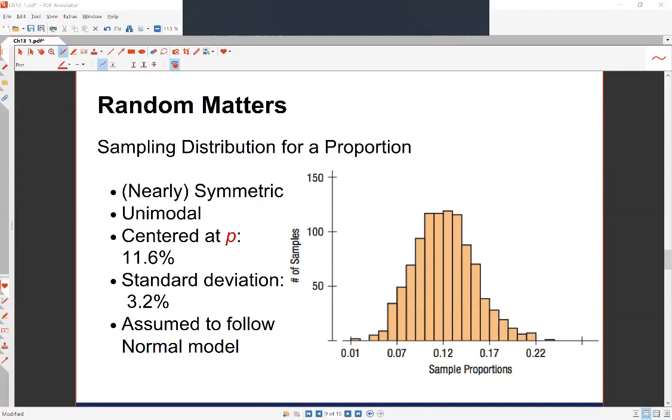This histogram here is very nearly centered at that 11.6%. We can also calculate the standard deviation, and in this specific example, the standard deviation is 3.2%. Now, the assumption that we are going to make when working with the sample proportion going forward is we will assume that a normal distribution is a reasonable assumption to make.